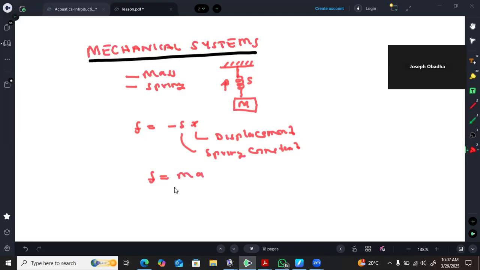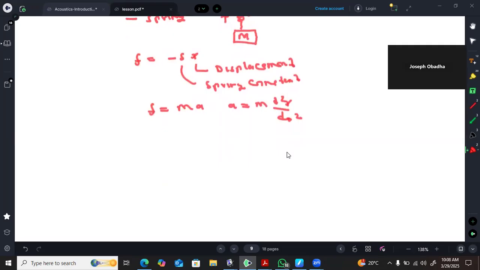Of course, A is equal to d squared X by dt squared, so that we have, of course, here is the acceleration.